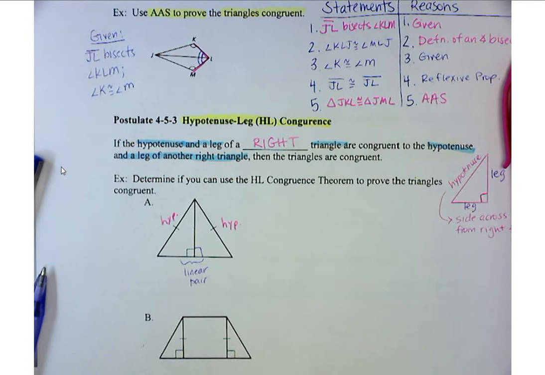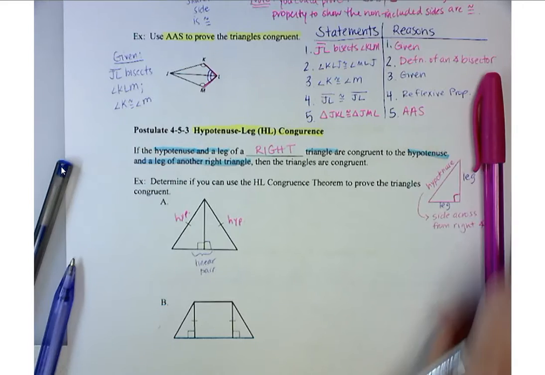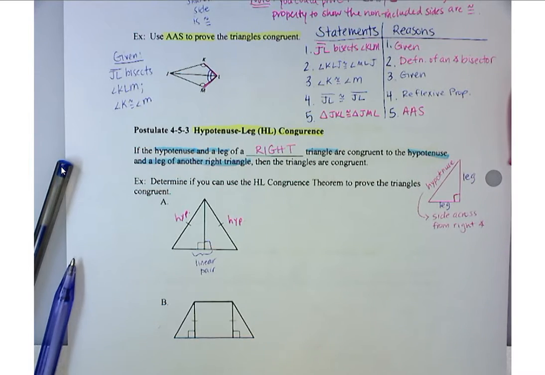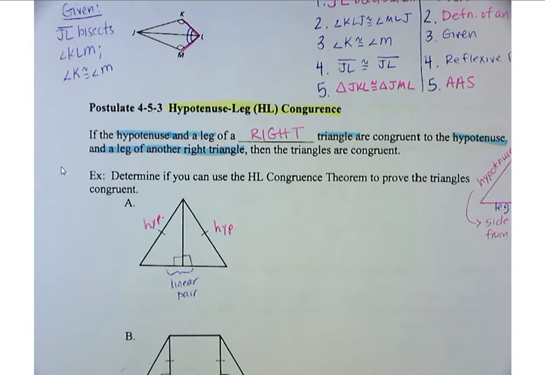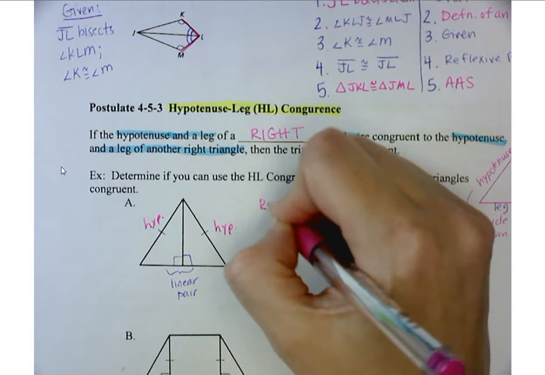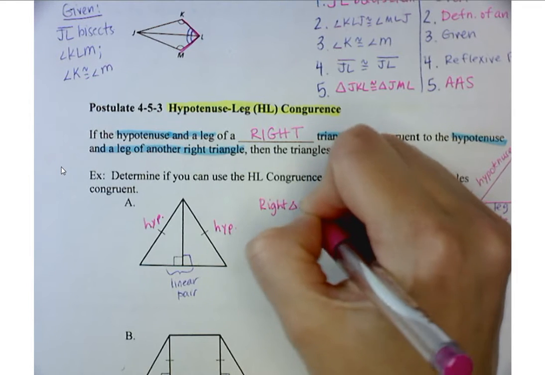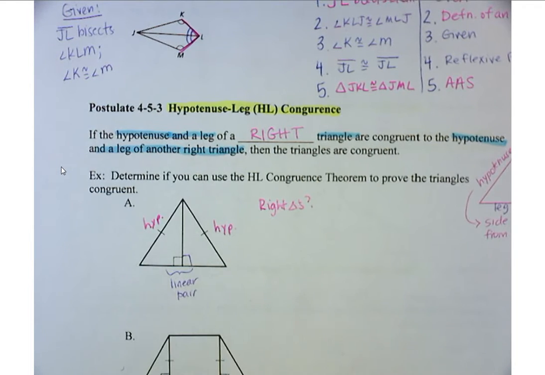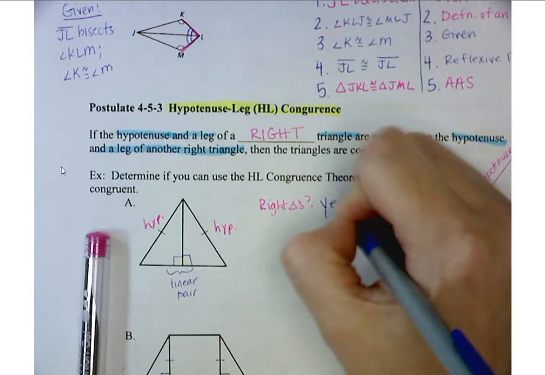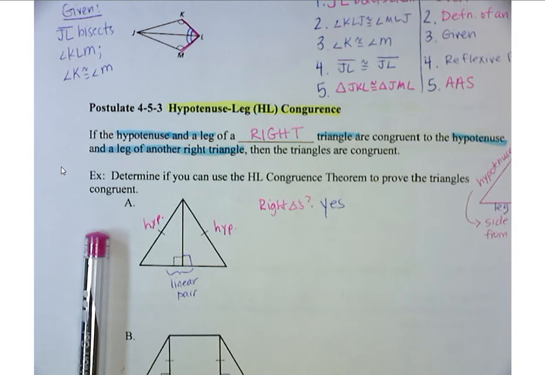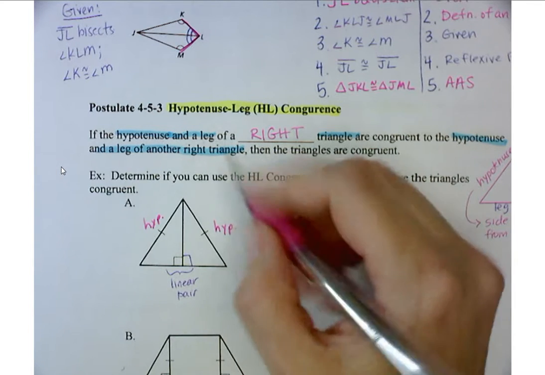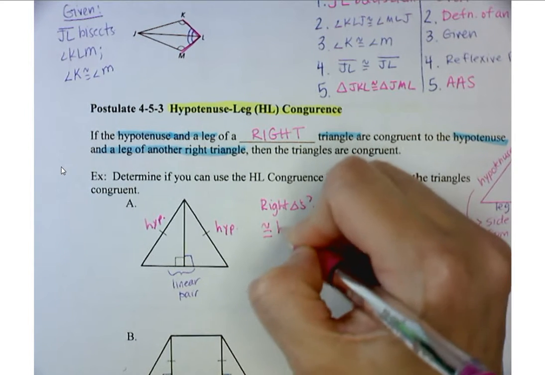Okay, now another thing you want to pick out on your diagram, well actually we'll do the checklist first. So your checklist is, do you have right triangles? Are both of these right triangles? Yes, we just showed that they were because they each have a right angle. The next thing is, are their hypotenuses congruent?